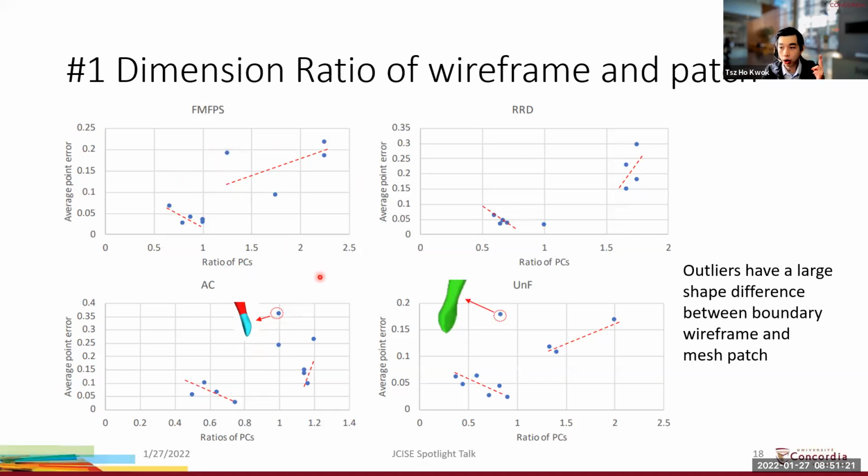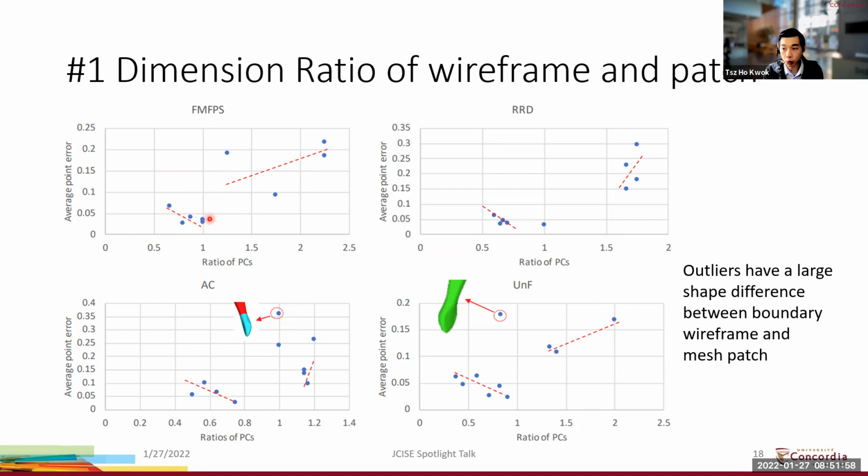From here, we can see two observations. The first is along this line, ratio 1, where there is a big change. Most of the time, the left of this line has a lower error compared to the right of this line. In general, lower than 1 has a lower error. We know that the input is the wireframe, and the output is the mesh patches.